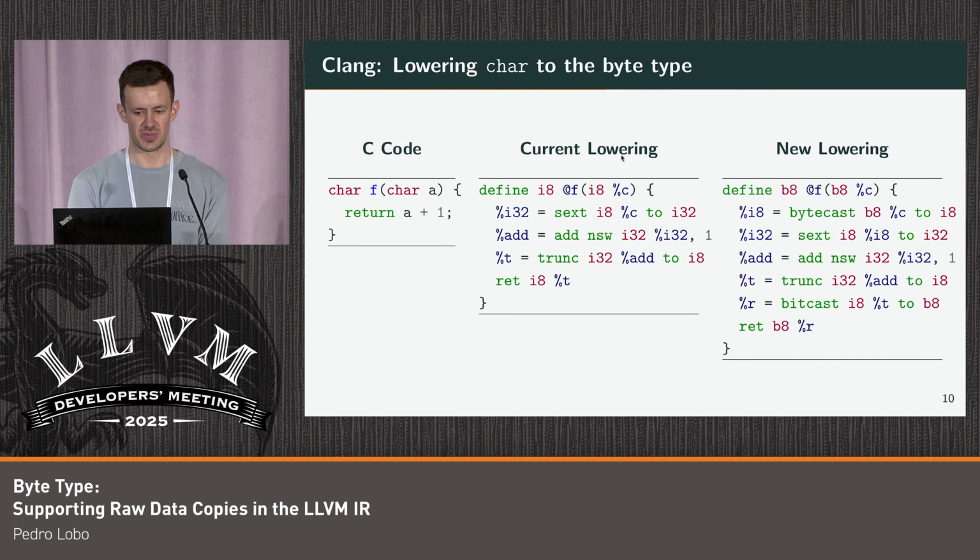So with the byte type, now the char value is represented as a B8, a value of the byte type. This byte type is then cast to an integer with the type punning variant of the cast, possibly reinterpreting pointers into their integral representation. Then the addition is performed as before, and then the truncation result is cast back to a byte as this function returns a char value.